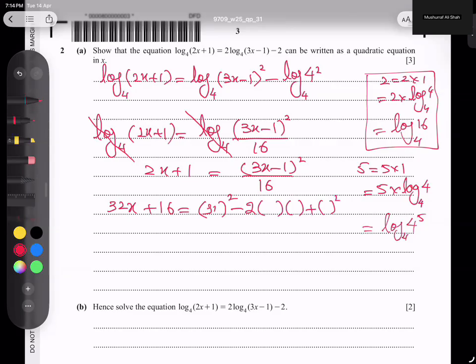So 3x, 1, and 1, and I'm getting 9x to power 2, and here 6x and plus 1, 32x and plus 16. So I'm writing equal to 9x squared. This goes there, and 32 and 6, 38. So this becomes, students, negative 38x.